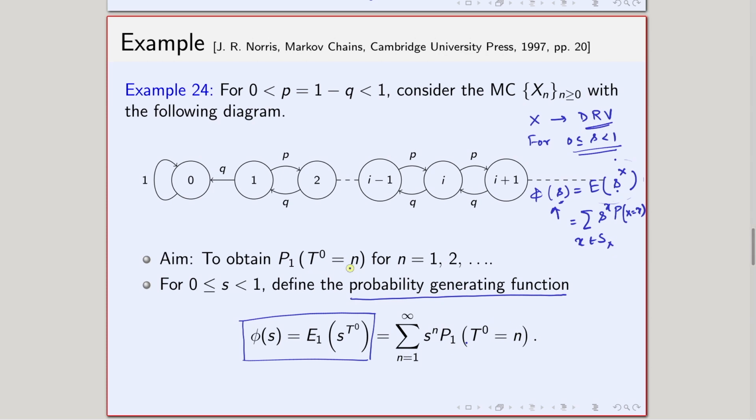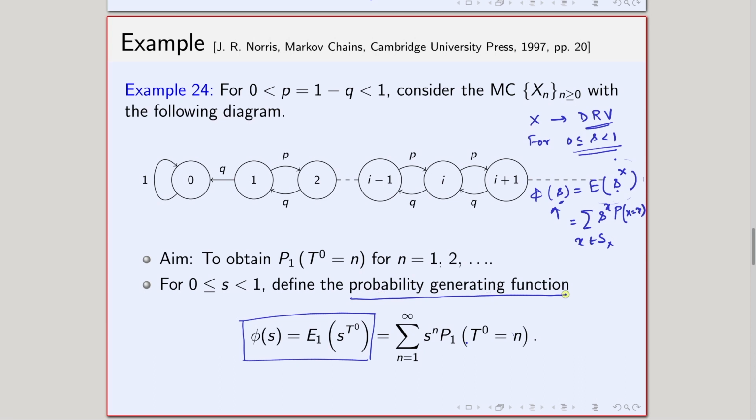In this case, the support is anything from 1 to infinity, so I am taking the summation of s to the power n times the probability under X0 = 1 that T0 = n.